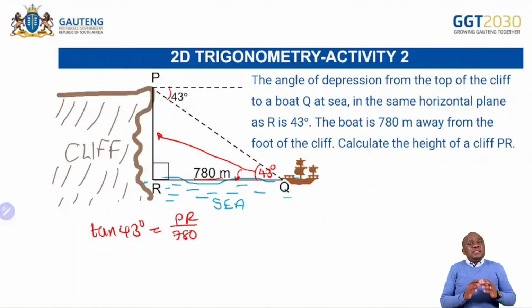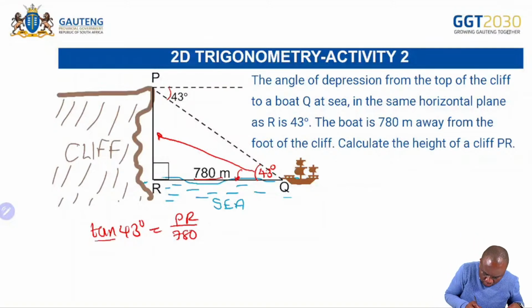If you check, the calculations are just the same, because we're doing the same thing. It's now you being able to interpret the information. We multiply both sides by 780, or you cross multiply. You will get that PR is equal to 780 times tan 43 degrees.